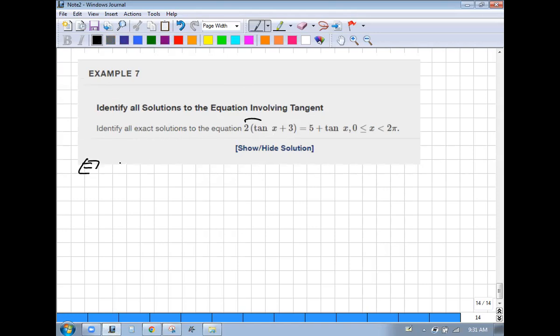If I multiply this out, I get 2 tangent x plus 6 equals 5 plus tangent x. Well, I can subtract tangent x from both sides, right? And I can subtract 6 from both sides.